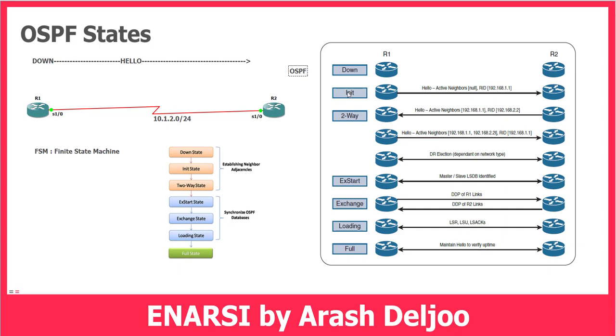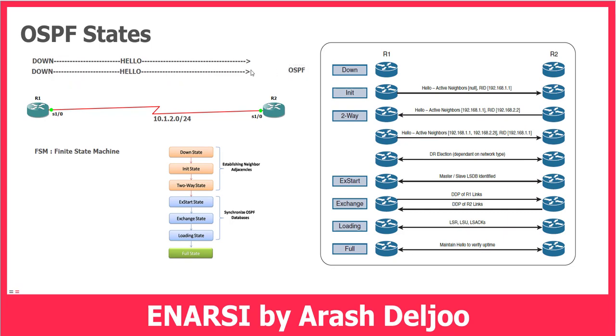It is a state in which a hello packet has been received from another router, but bidirectional communication has not been established. This means that router 2 is receiving the hello from router 1, which is residing in the down state.